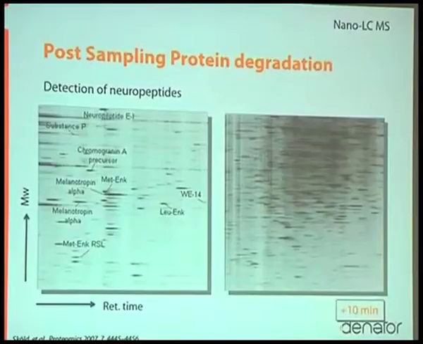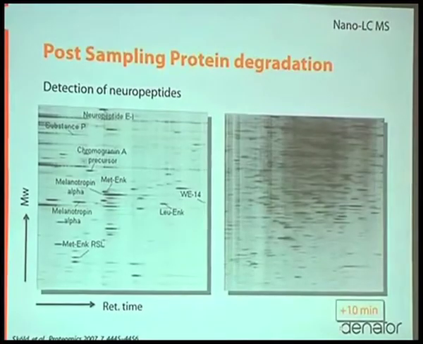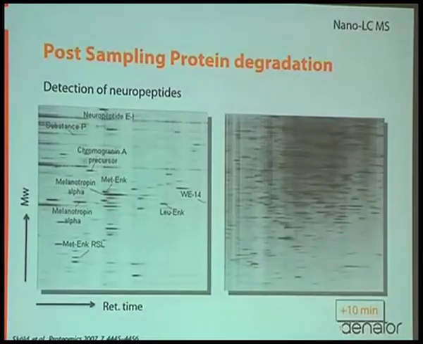So first, there are some examples of how to detect post-sampling changes in the sample. Then I want to present the stabilizer as such. And then there are a number of examples where we compare using the stabilizer with using state-of-the-art inhibitors and rapid freezing.